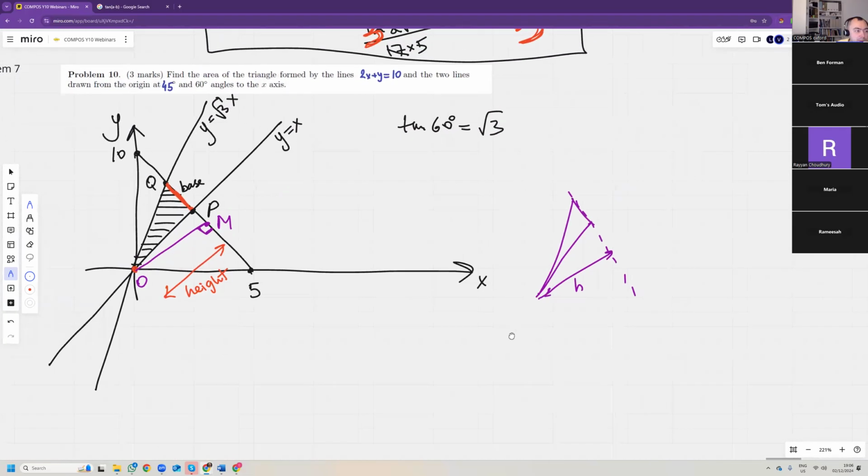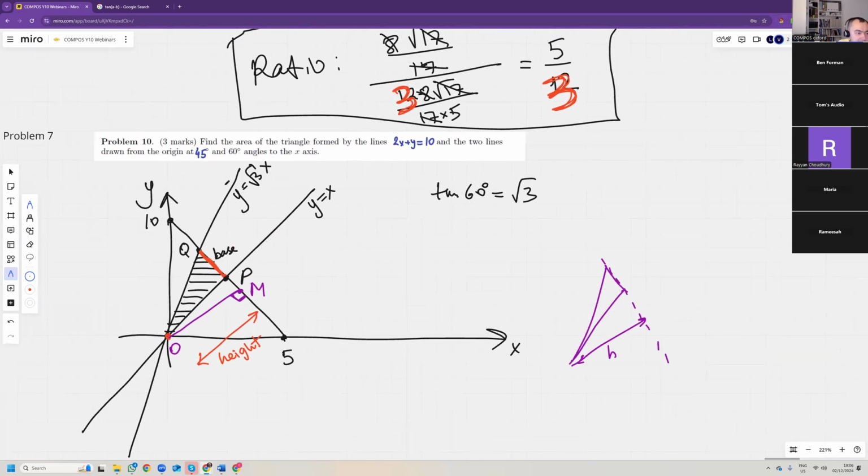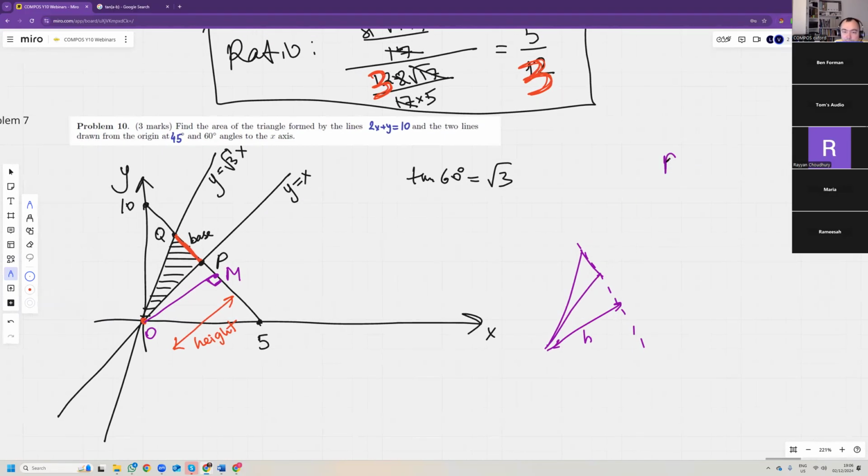Right. So to find point P, that's the intersection of two lines. We need 2x plus y equals 10 and y equals x. So that's 3x equals 10, x equals 10 thirds, y equals 10 thirds.